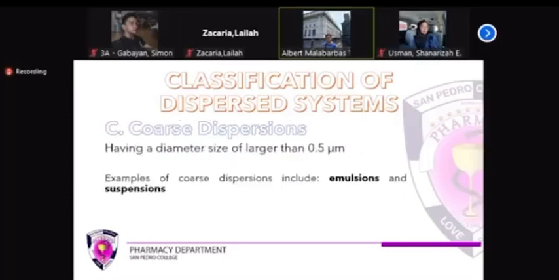Next, the last one, we have your coarse dispersion. Coarse dispersion, they have a diameter size of around greater than 0.5 micrometer. So examples of coarse dispersions are emulsions and suspensions.